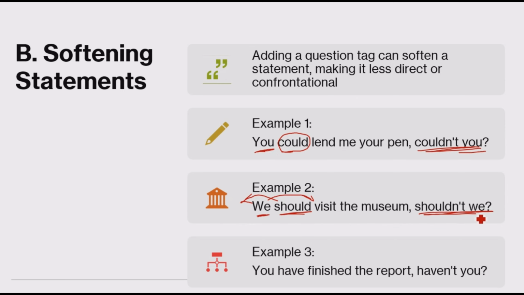So again, what is key? You is the subject. Then you look at the word finished is key also, but the have is what is dictating us. You have. So now we negate have, which is haven't you. Haven't you finished the report?